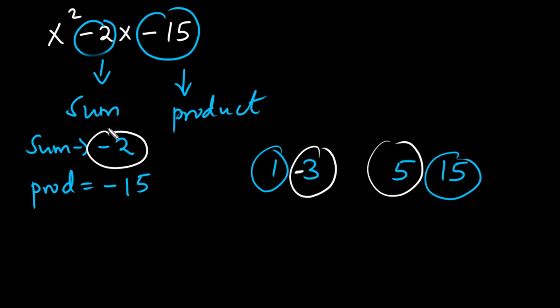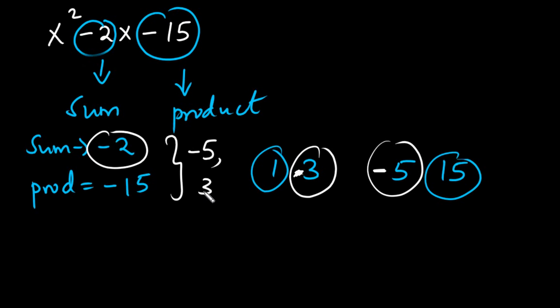So let's do this. Instead of having negative 3, let's have negative 5 and positive 3. So negative 5 plus 3 is negative 2. What about negative 5 times 3? It's negative 15. So those are actually the two numbers that we are interested in. That is negative 5 and 3.